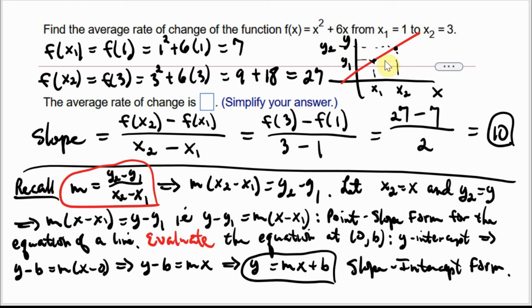And so here we look at the rise over the run, this change in y with respect to this change in x. So the slope is this change in y over the change of x.